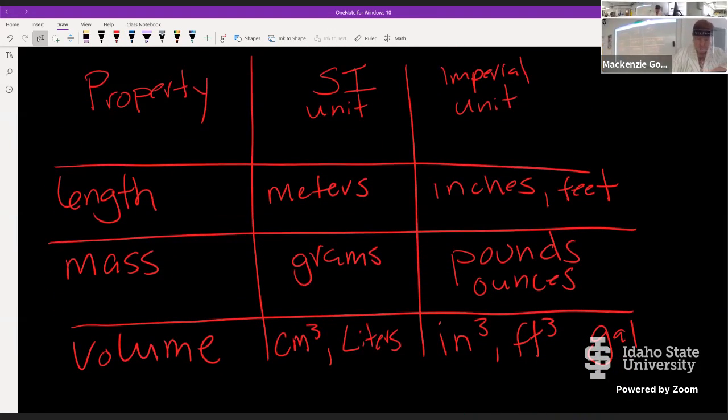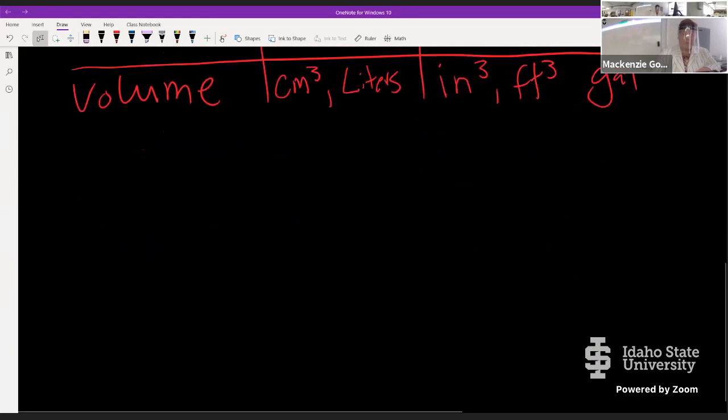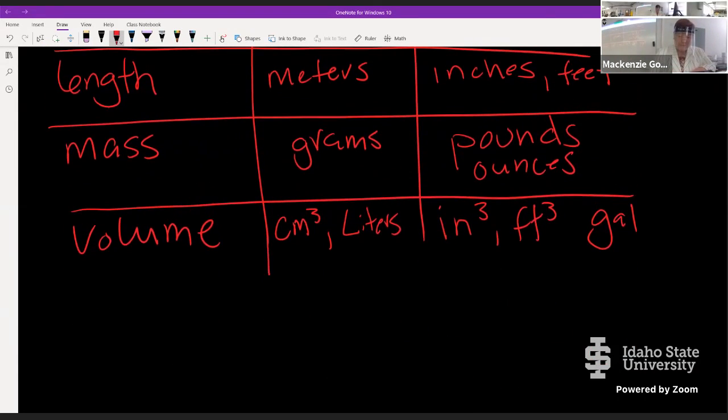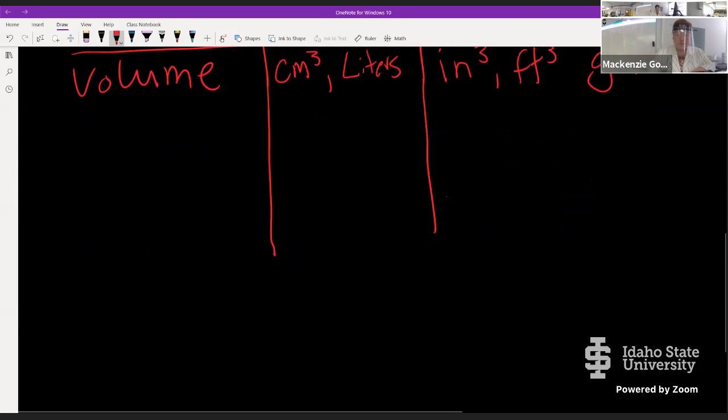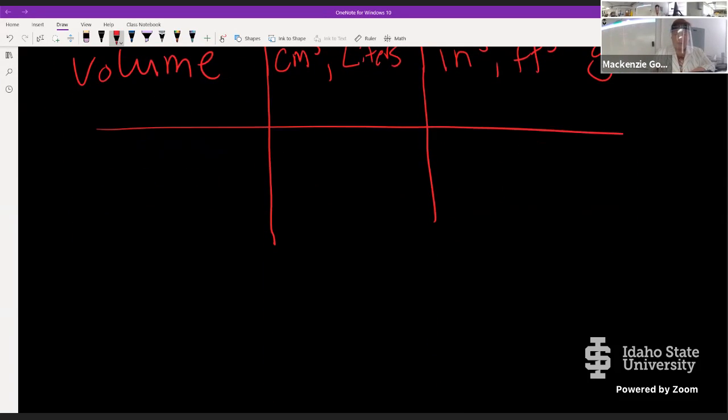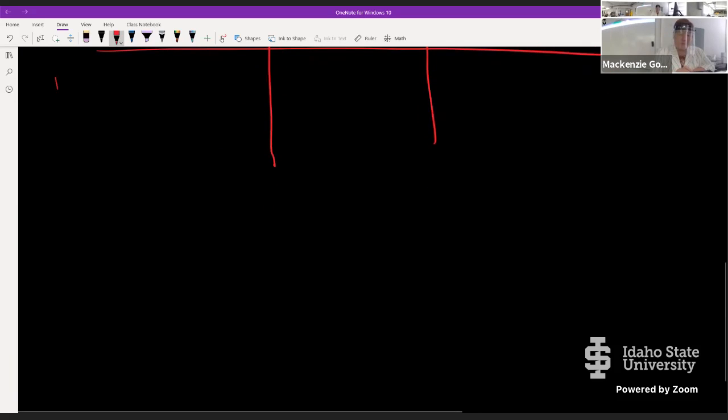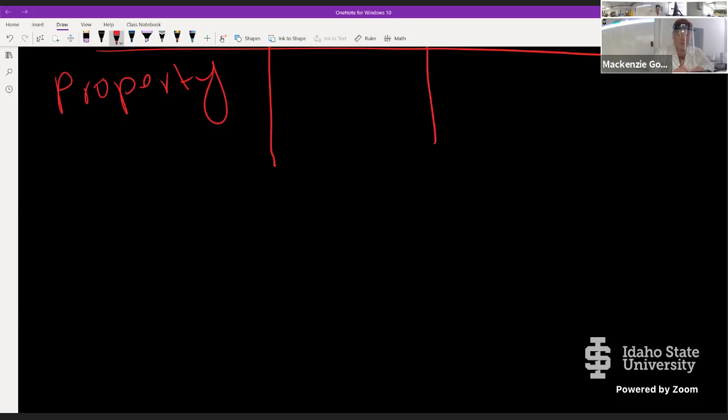I can put in, okay, so continuing down this same table. Okay, and I'll just put in another title block so we're sure what we're talking about. Okay, here's our property. Here's our SI unit. Here's our American or imperial.